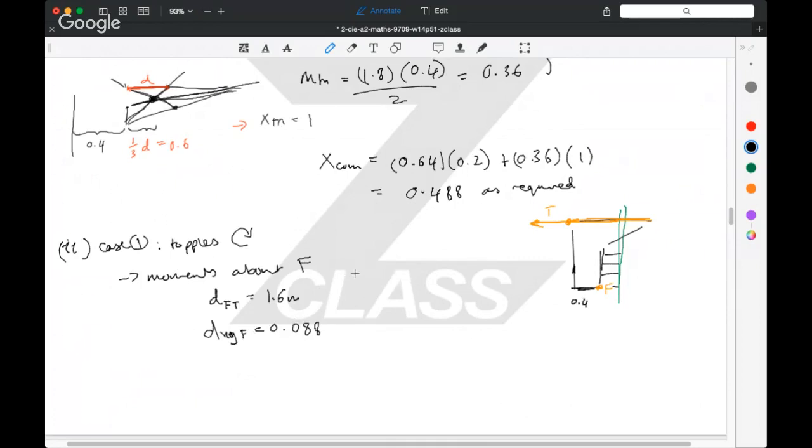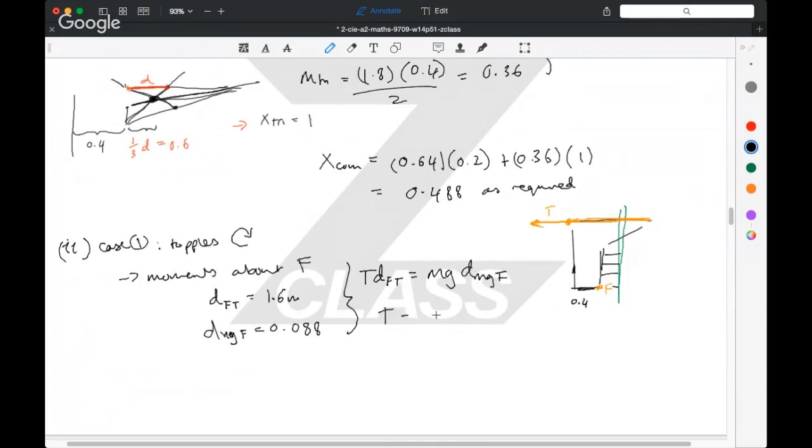So these things must be balanced. So therefore, the tension times dFT must be equal to mg times dmgF.